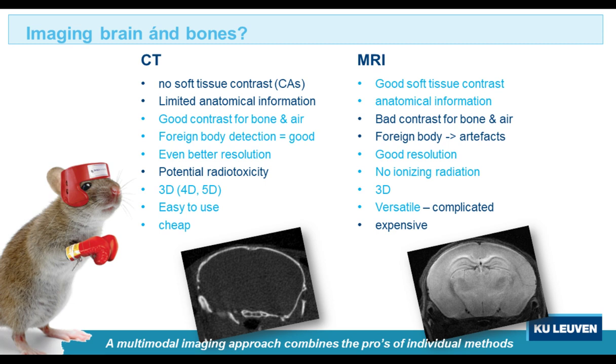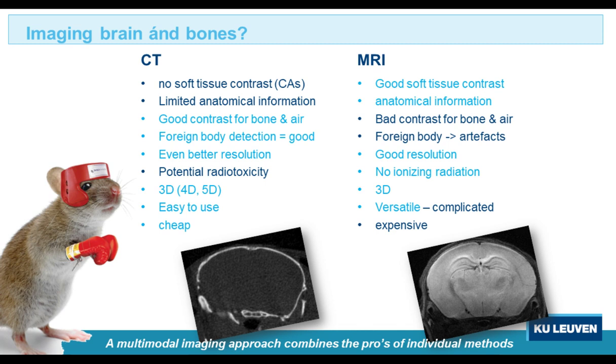Where one imaging method is good for a certain organ or application, another one may be better for something else. Often we need them both if we want to get the full picture of a disease or disease model, such as in the previous example, where we need MRI to look at the brain and CT to look at the lungs. Here I tried listing how CT and MRI are complementary, and you can also see it in the images.